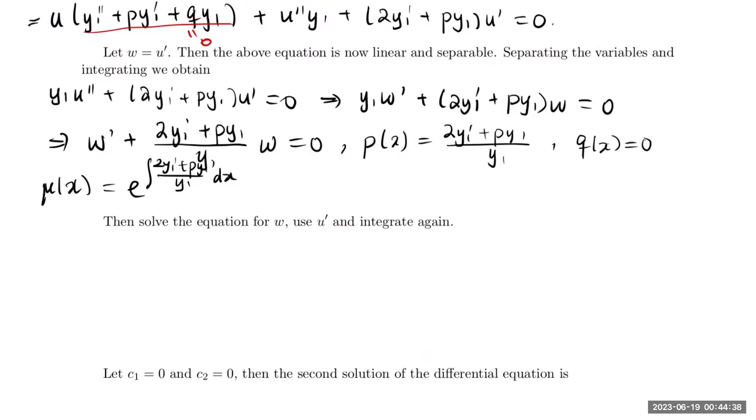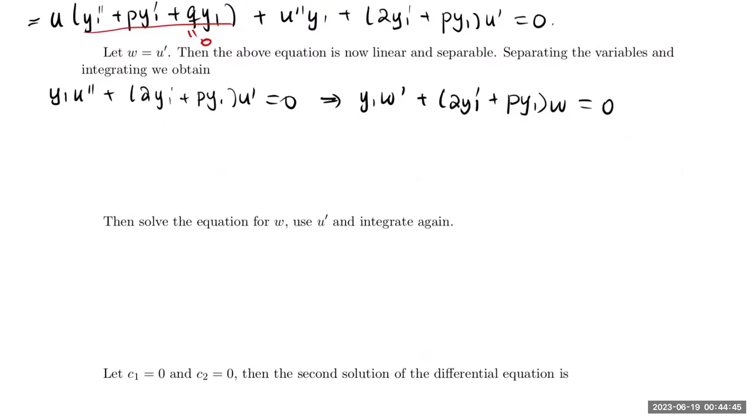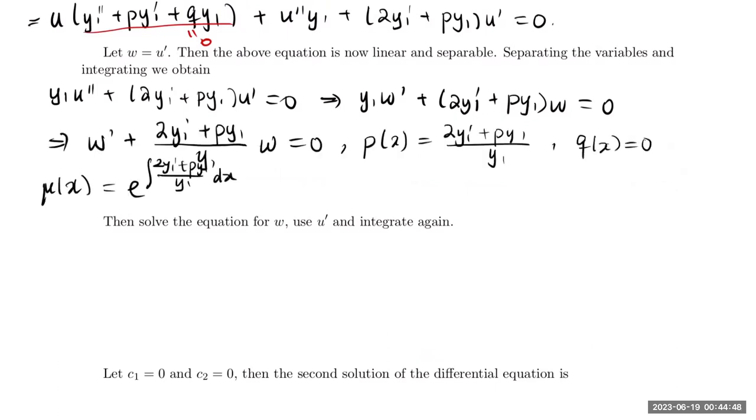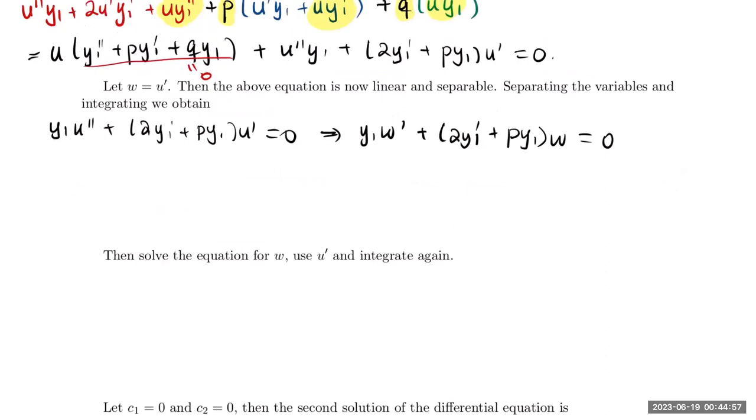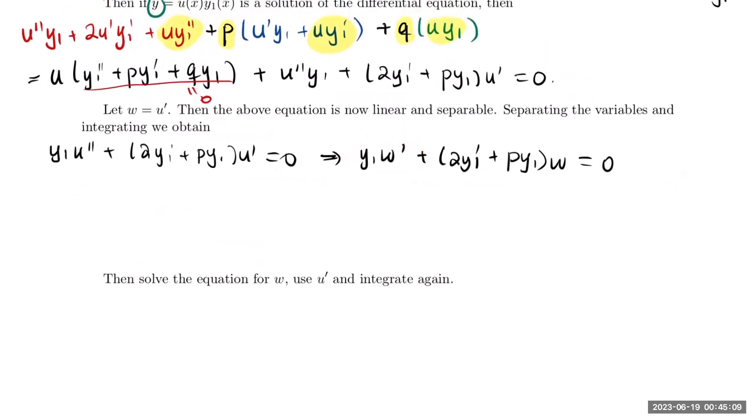So let us go ahead and put this into differential form. Maybe that will be easier, because this form is not one that you would want to work with that well. So let's write this into differential form. Note that since we have y1 w prime, this could also be written as dw.